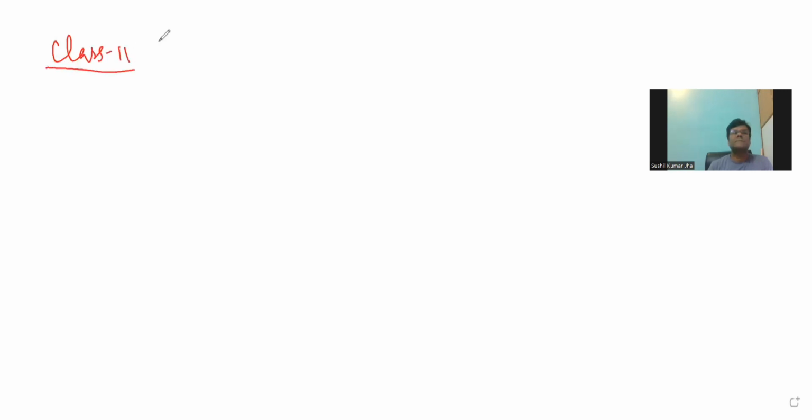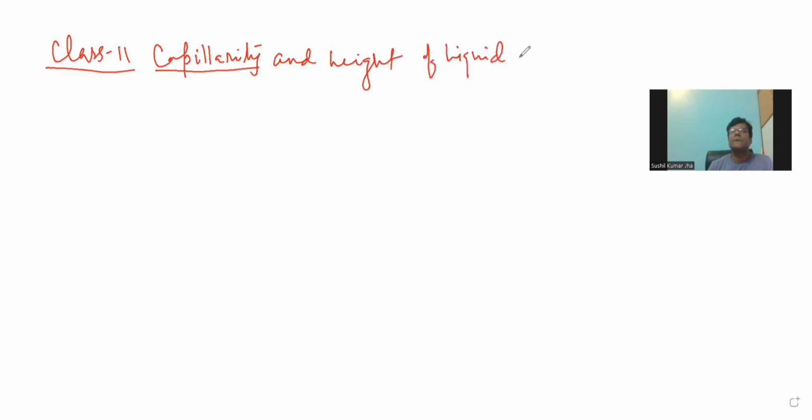Class 11th, capillarity and height of liquid in a narrow tube.